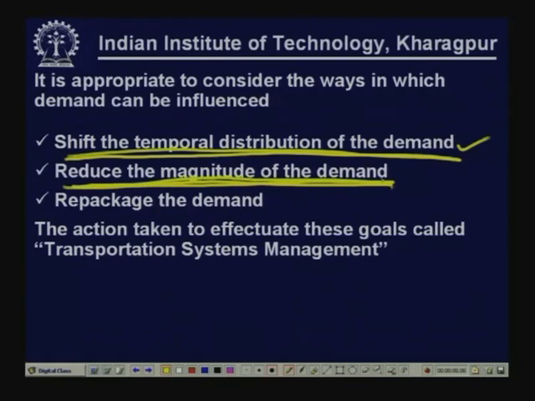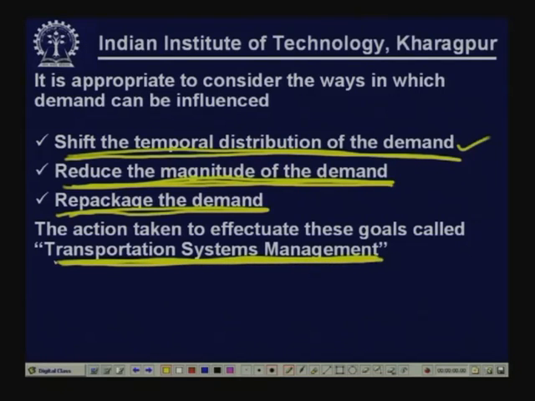Can you really reduce the magnitude of the demand itself? That will be very meaningful in the overall perspective. Then another is to repackage the demand. We shall discuss all these 3 approaches in detail. Now, the action taken to effectuate these goals of influencing demand is called transportation systems management, along with the other elements of concern that I have mentioned.